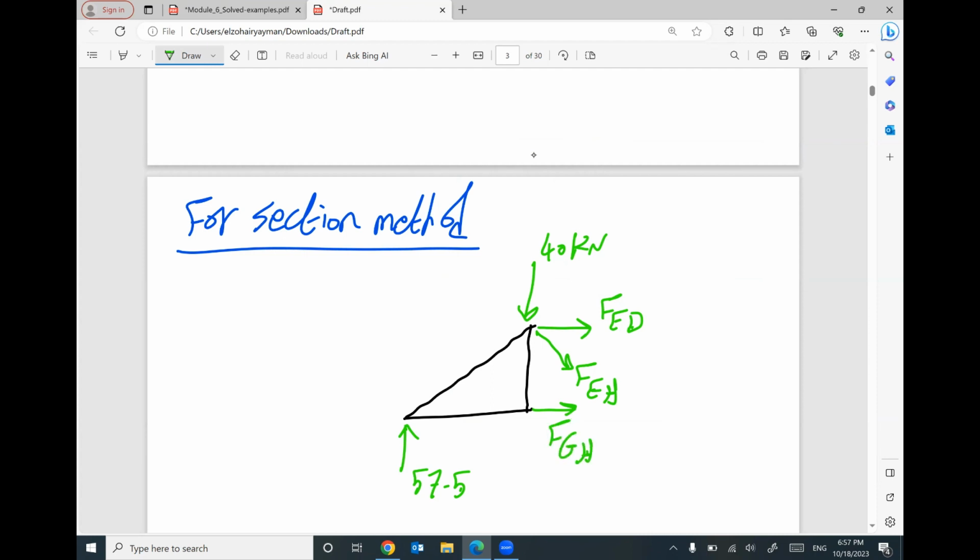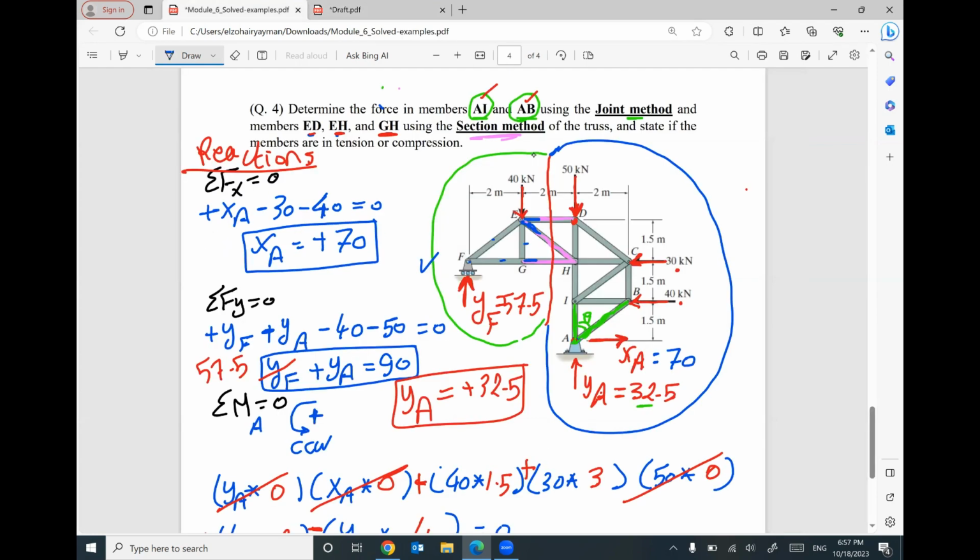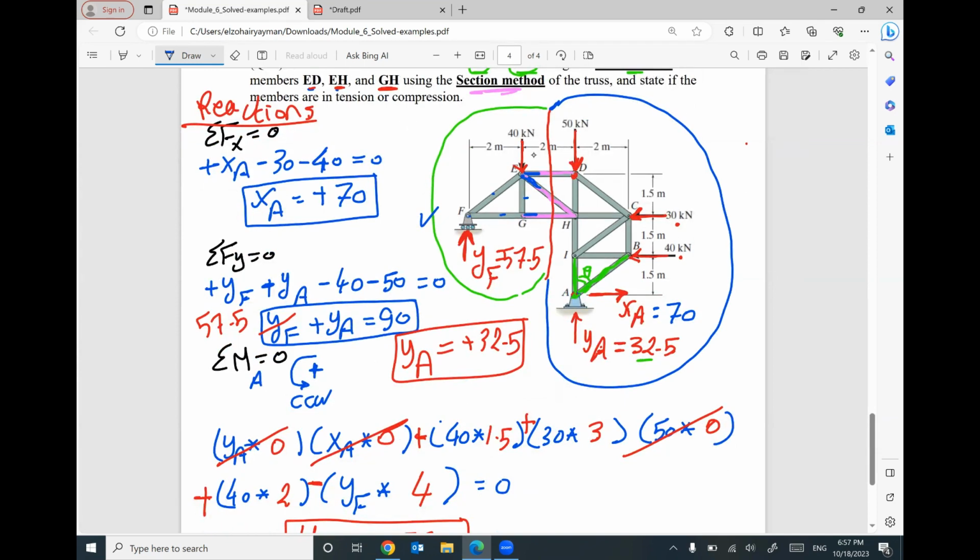Nothing else for the left part. That makes sense? Do you think I'm wrong? In the left side, we have this reaction, these members without touch, and I did cut in this one, this one, and this one. That's it.